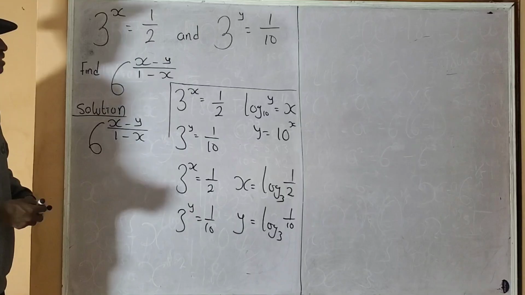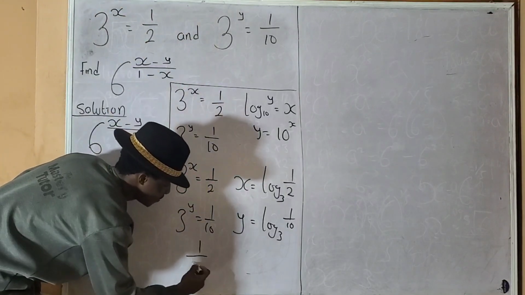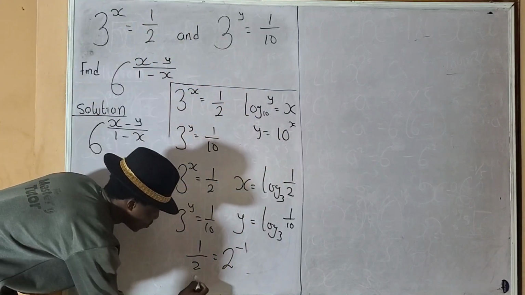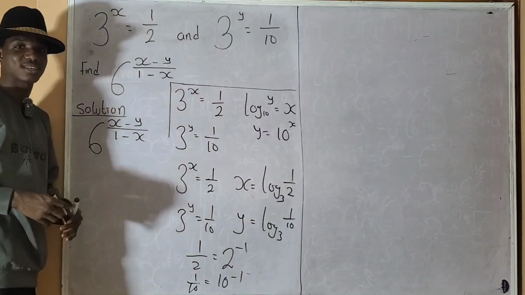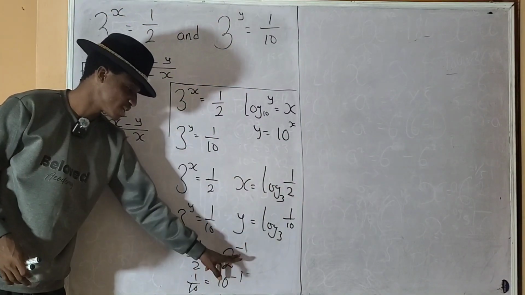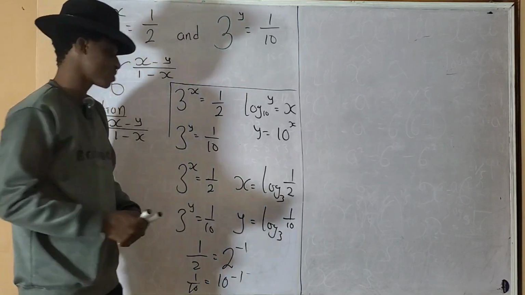The next step is that, do you know that 1 over 2 can be written as 2 raised to the power of negative 1, right? Also, 1 over 10 can be written as 10 raised to the power of negative 1. So I'm going to replace 1 over 2 with 2 raised to the power of negative 1 and 1 over 10 with 10 raised to the power of negative 1. So let us proceed.